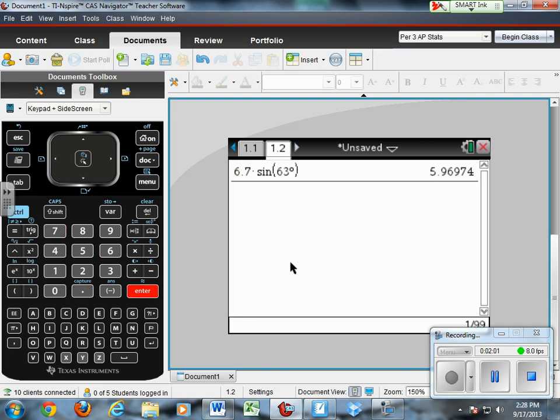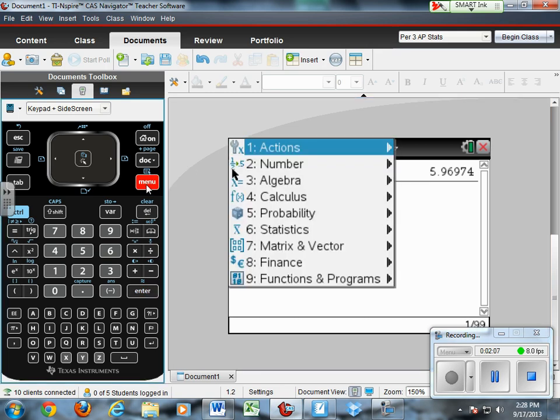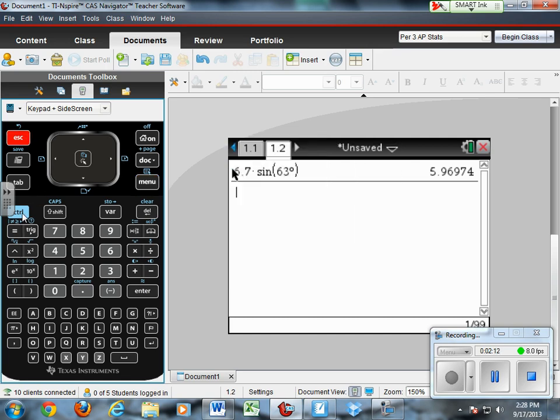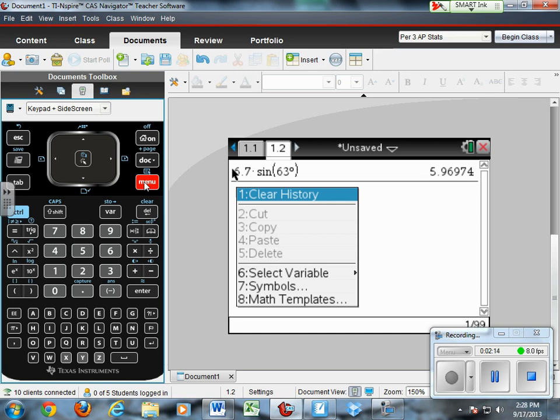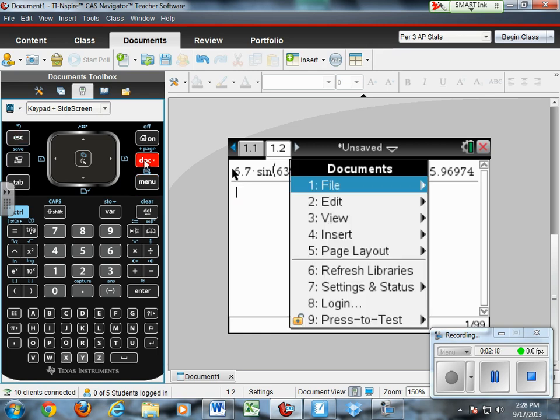If I wanted to change it to radian degree settings, go to the document settings.